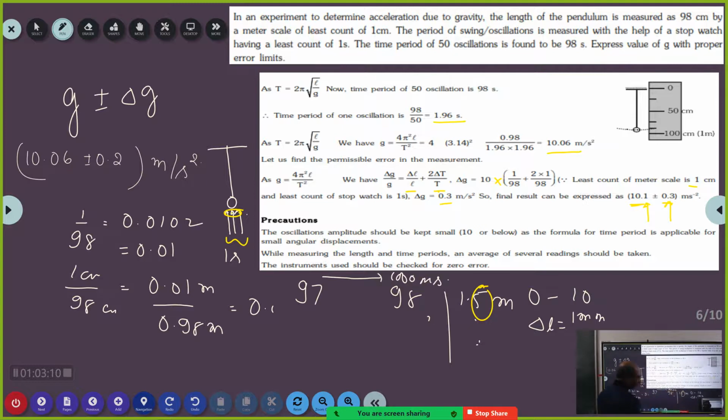Correct? So you must have pressed the stopwatch here, or here, or here. Clear? So you would have actually pressed it here, but the stopwatch will continue to come here. Got it?